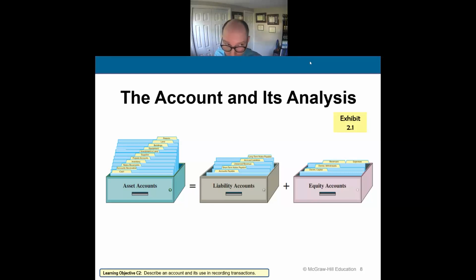I could always cancel that insurance policy and that money is returned to the business. And that's why it's an asset. It becomes an expense over time as the insurance is consumed or used.